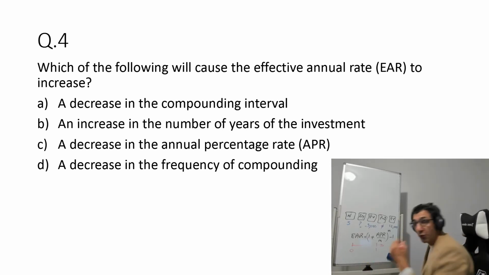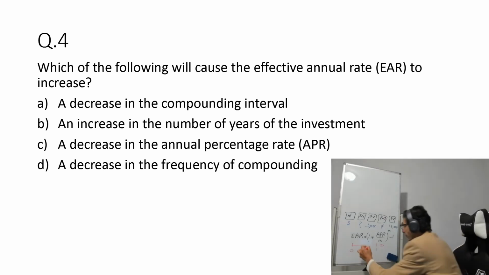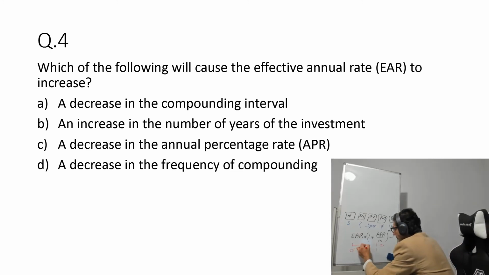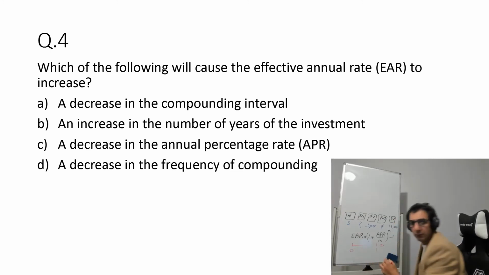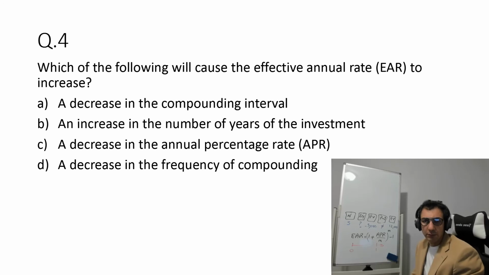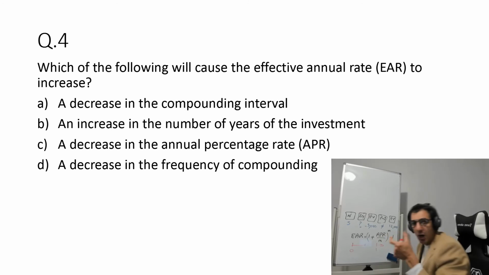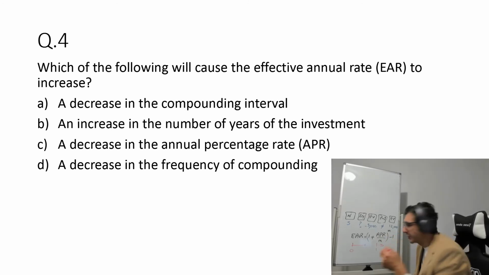If you decrease the compounding interval, it goes from 1 to 2. So the intervals now are shorter. You are decreasing the interval.